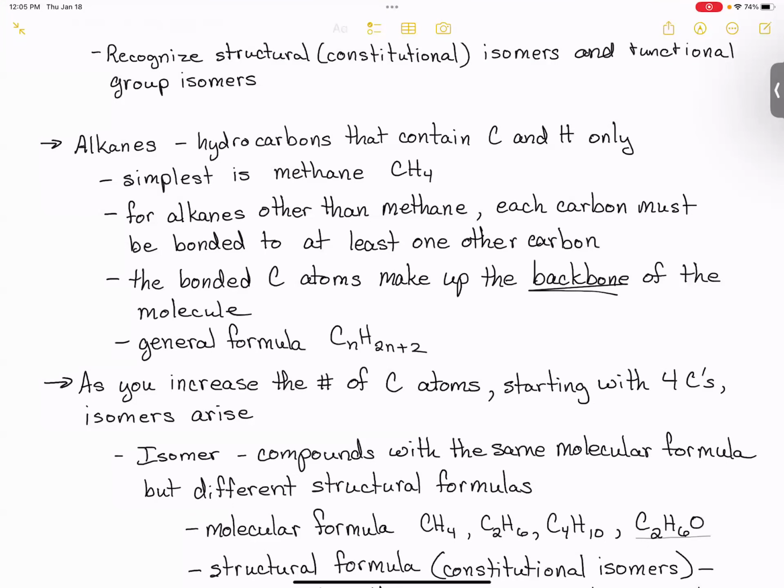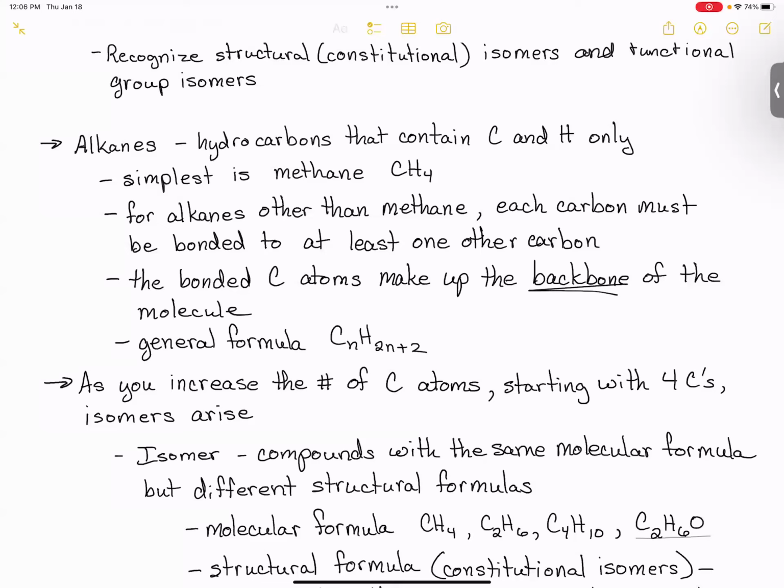The first is a molecular formula. The molecular formula is what you're used to seeing from the previous chemistry class. It tells you what element is present and how many of each of those elements are present. So for instance, methane has 1 carbon and 4 hydrogens.